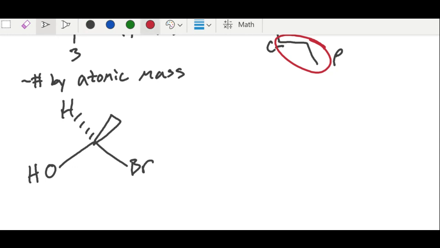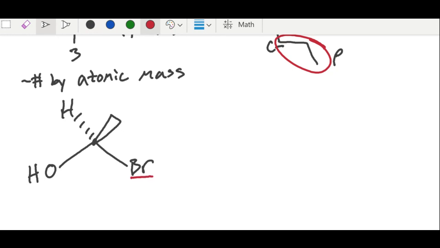I'm going to look at whatever's directly attached to this chiral carbon. We identified it's a chiral carbon because all 4 substituents are unique. Bromine is obviously going to be the heaviest atom.